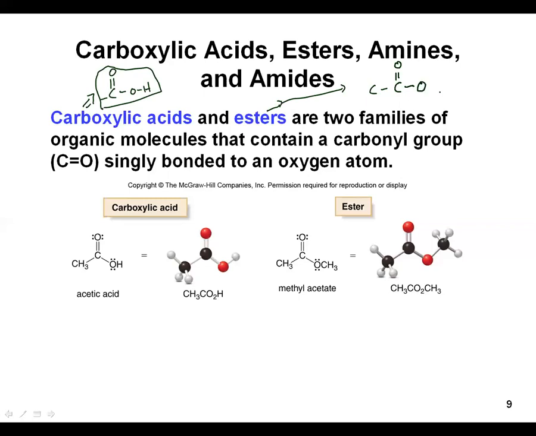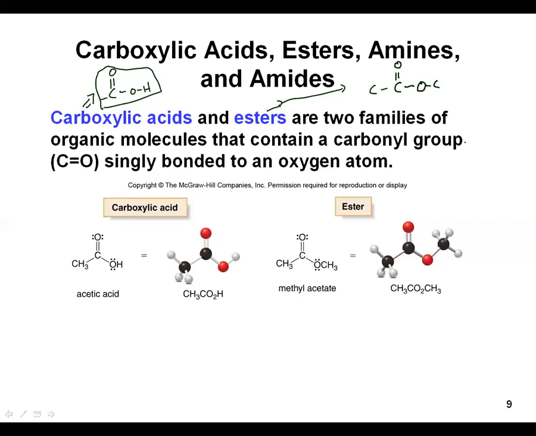So usually we'll have sort of this arrangement when you look at it in terms of its functional group. It'll look just like a ketone, except that it will actually have an oxygen in its place instead of that carbon.